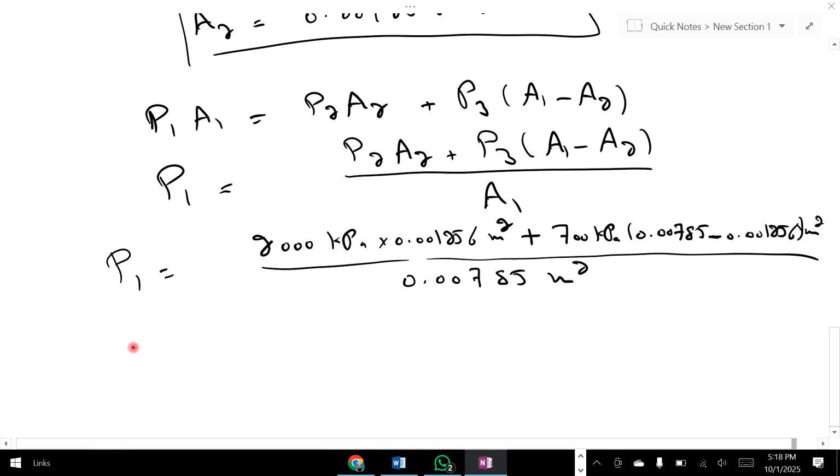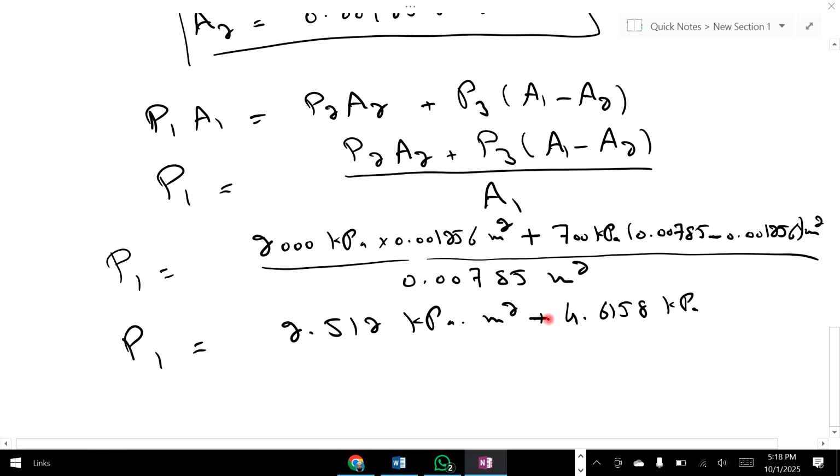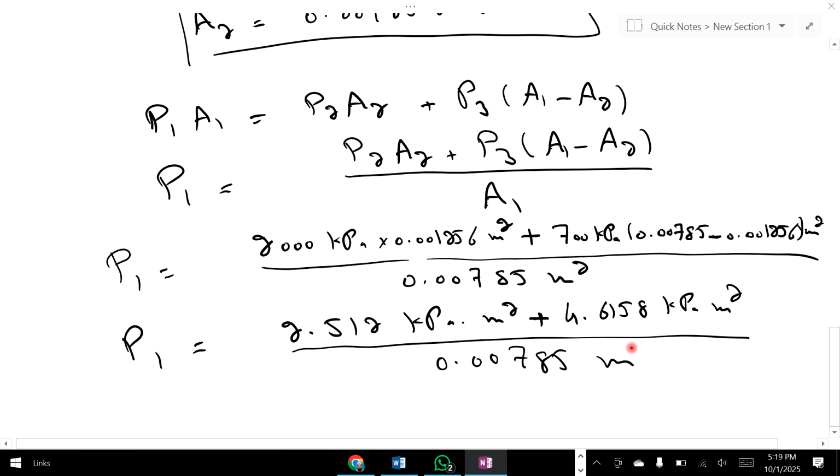A1 is equal to 0.00785 square meter. Simplifying further, multiply 2000 by 0.001256, which is equal to 2.512, and the unit is kilopascal square meter, plus 0.00785 minus 0.001256 multiplied by 700, which will be equal to 4.6158 kilopascal square meter, divided by 0.00785 square meter.